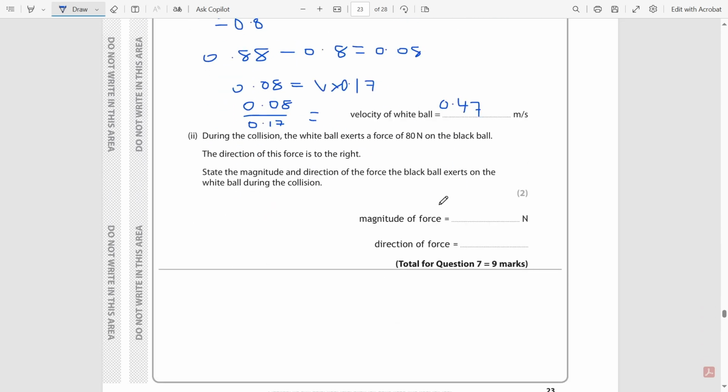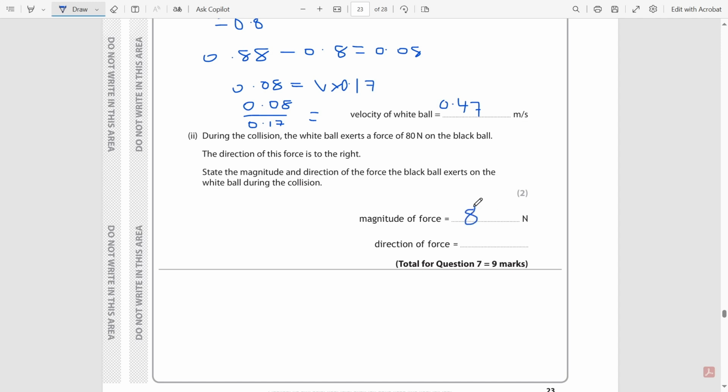During the collision, the white ball exerts a force of 80 newtons on the black ball. The direction of this force is to the right. State the magnitude and direction of the force the black ball exerts on the white ball during this collision.